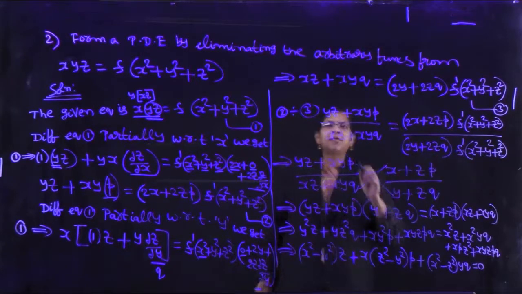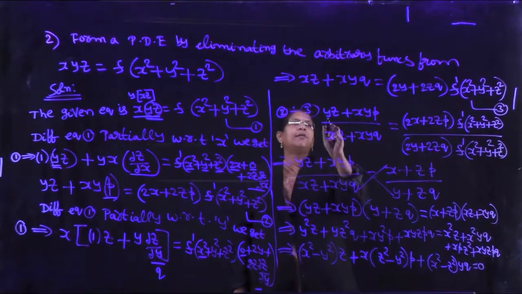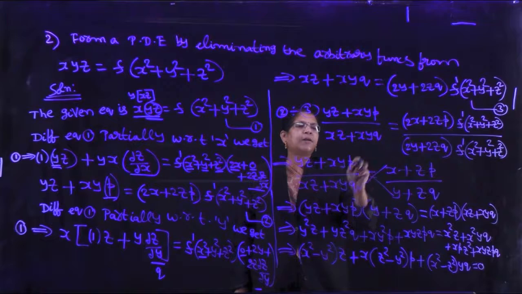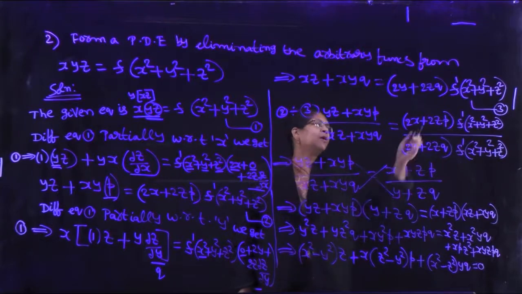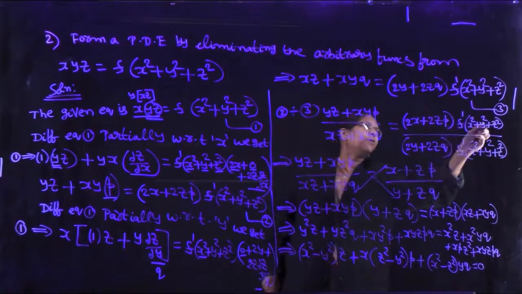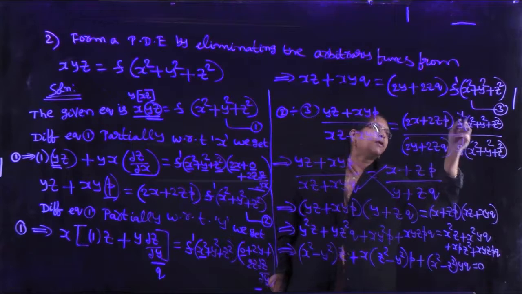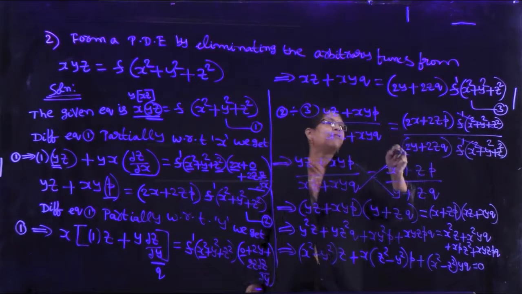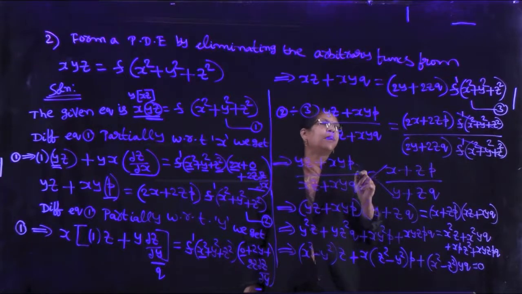This implies (yz + xyp)/(xz + xyq) equals, in the RHS, f' in both numerator and denominator will get cancelled. Finally, 2 also will get cancelled. Then what will you get?